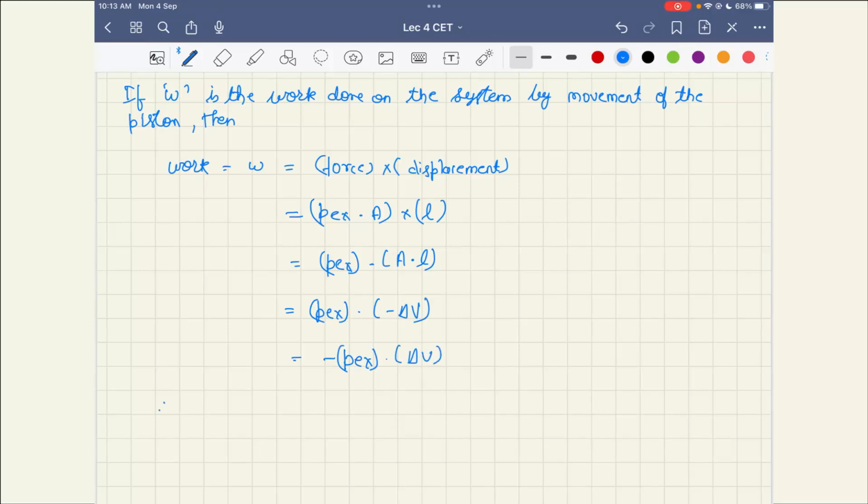Hence we can write it down, W is nothing but minus P external into final volume minus initial volume, right. So let us call this equation number 1, right.